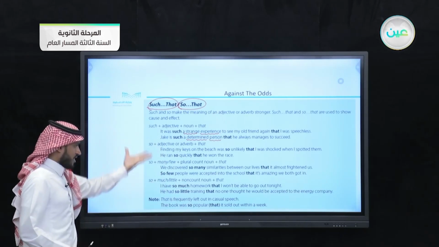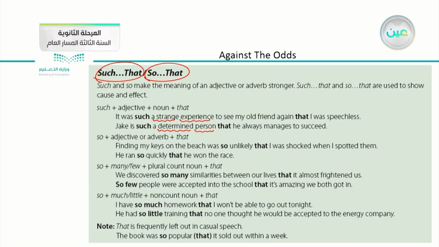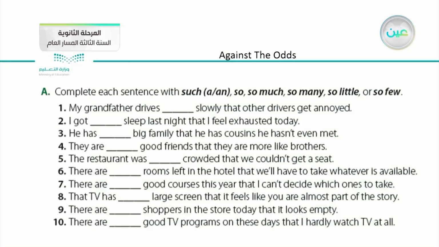After that, we have three more forms where we use so when it is followed by an adjective or adverb, or when it's followed by many or few, then a plural count noun, or when it's followed by much or little, then non-count noun.